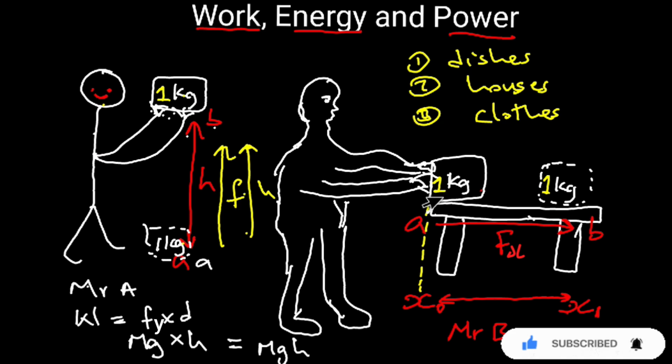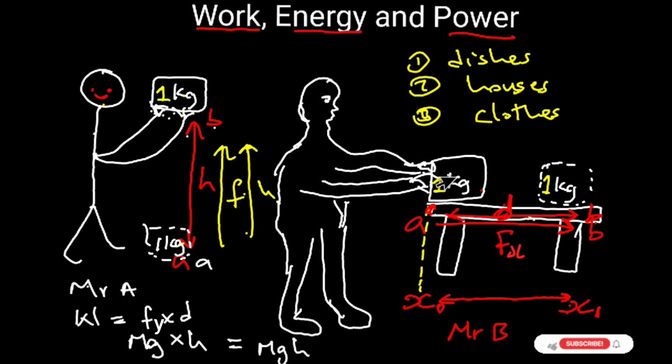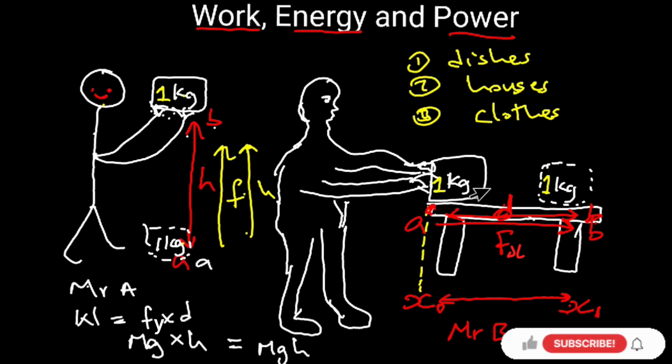Displacement is the distance between this 1 kg object at point A and then at point B. Let me call it the distance. So he applied a force in this right-hand direction, and the force he applied on the object causes the object to move in the same direction, which is this d.